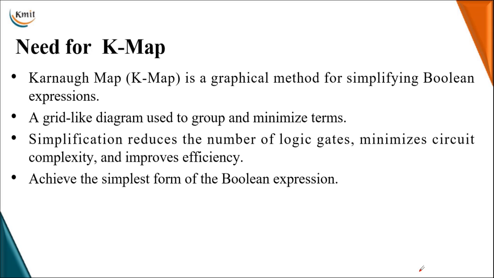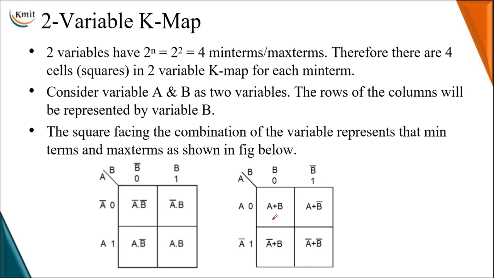So using the K-map method and the adjacency in the K-map, we are going to minimize functions of 2 variables, 3 variables, 4 variables and 5 variables. For these, the K-map is the most preferable method.